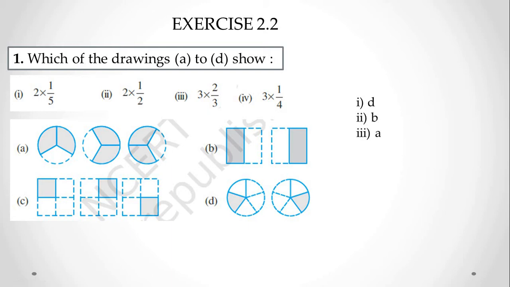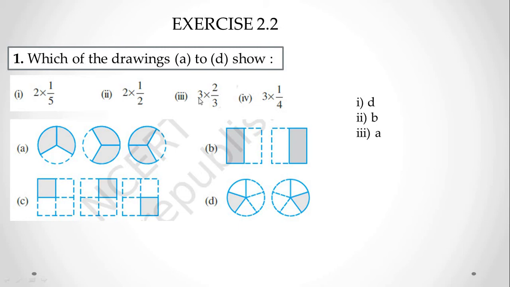Then the third answer is A. Why is it A? Because the given figure is repeated 3 times, and out of 3, 2 parts are selected. Here also 2, here also 2, while here 4 parts have been given and 1 is selected.